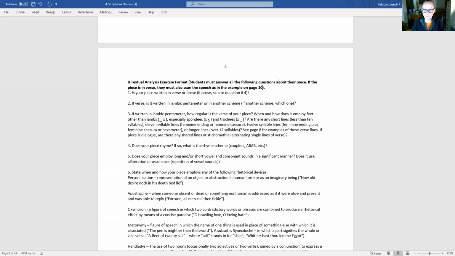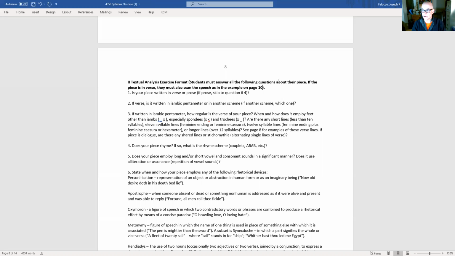Because iambic pentameter means there's 5 feet. Iambic means each foot is an iamb, an unstressed syllable followed by a stressed syllable. So as we've already seen, a regular line of iambic pentameter goes da da da da da da da da da da, dash x dash x dash x dash x dash x.